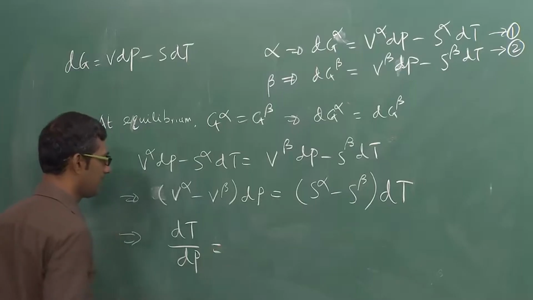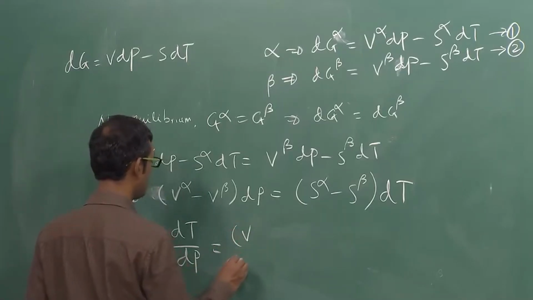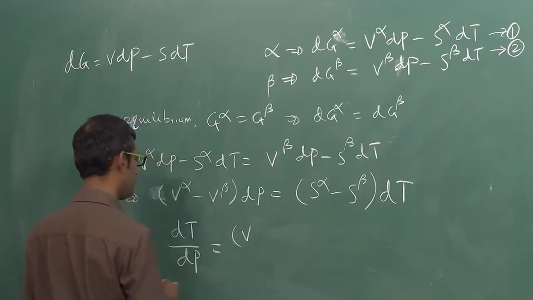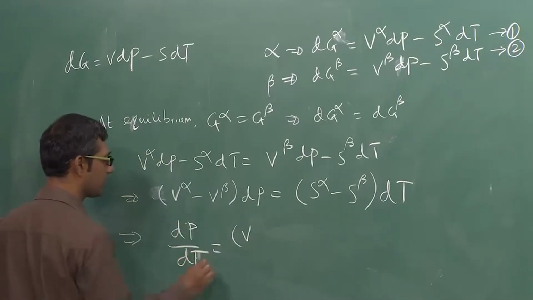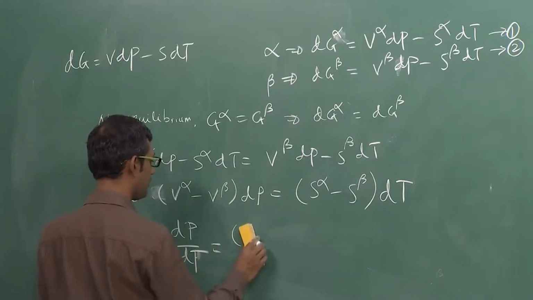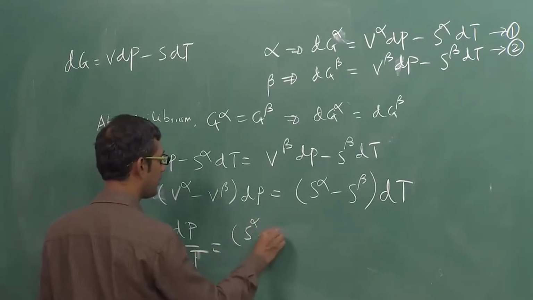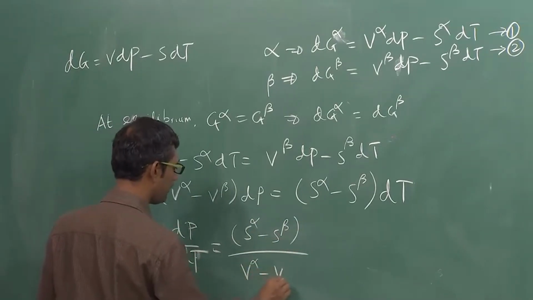So therefore, we can see dP by dT, or rather let us write it the other way, that helps you better. dT by dP is equal to, it's better to write with P because you are all used to the Clausius-Clapeyron equation which we are going to derive. That is nothing but S alpha minus S beta divided by V alpha minus V beta.